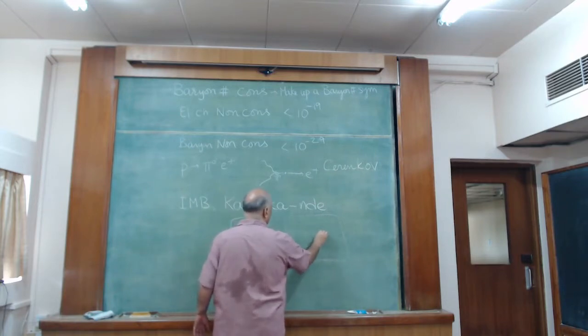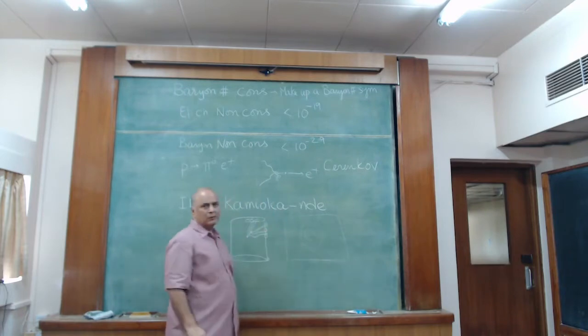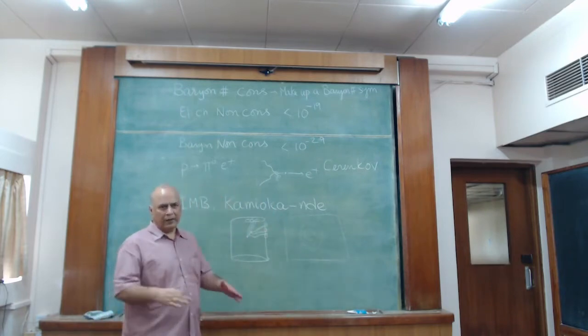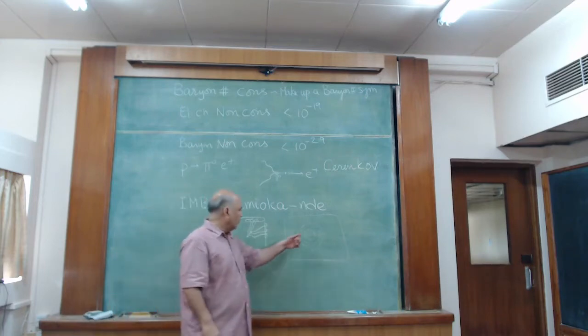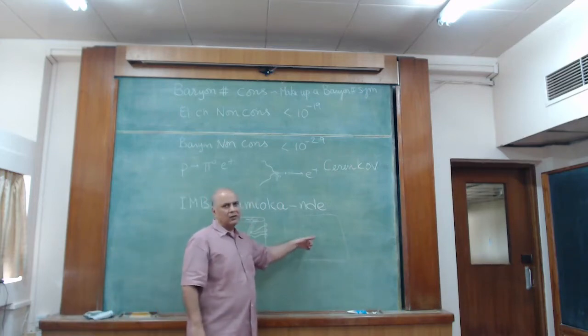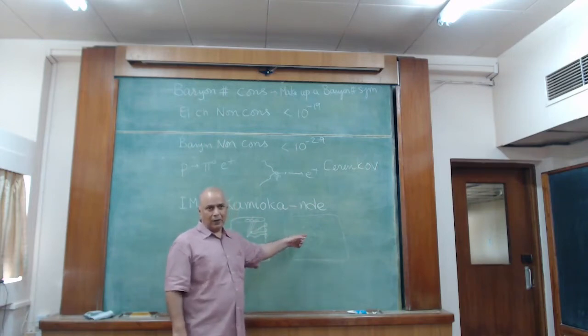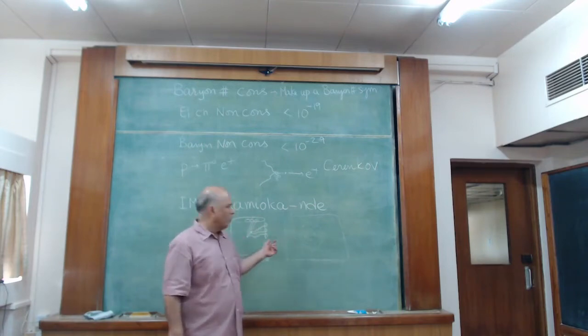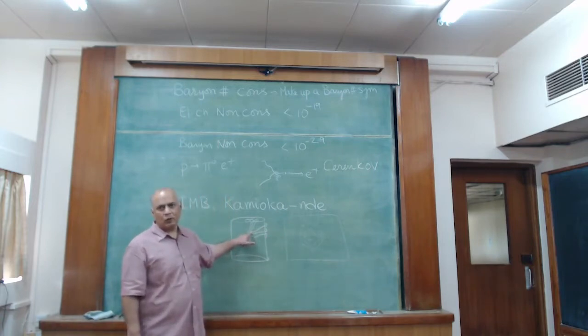You will see that photomultiplier tubes in this annulus are hit, whereas there will be a dark region inside. You understand how that dark region is coming? Because suddenly the emission of light stops.